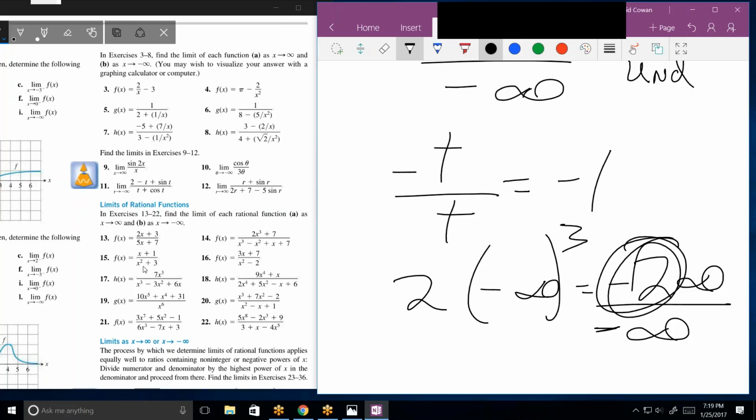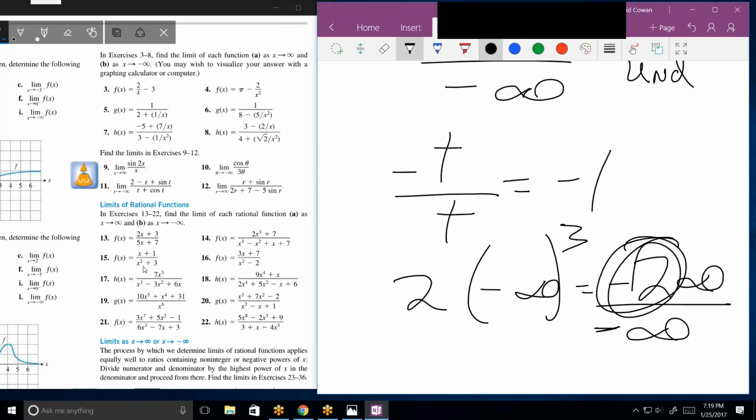And if it's reversed, if the top is bigger than the bottom, like 21, what's 21 go to? I see the 3x squared, so it would just be 3 over.